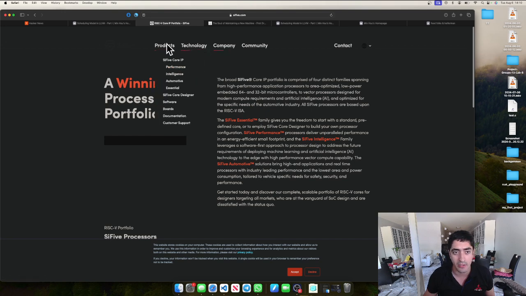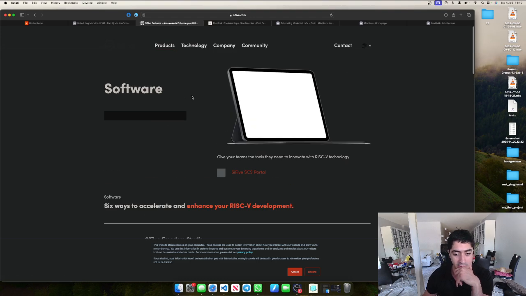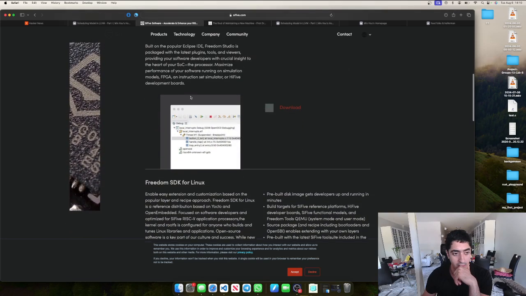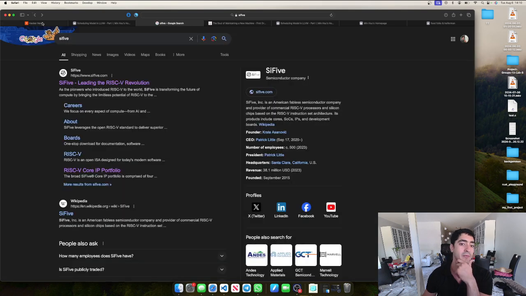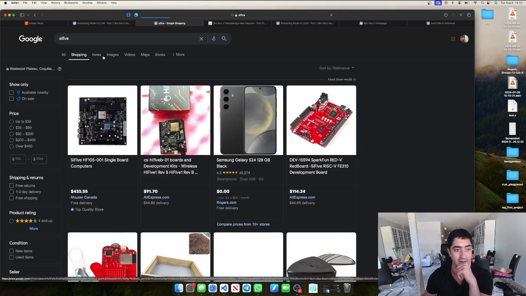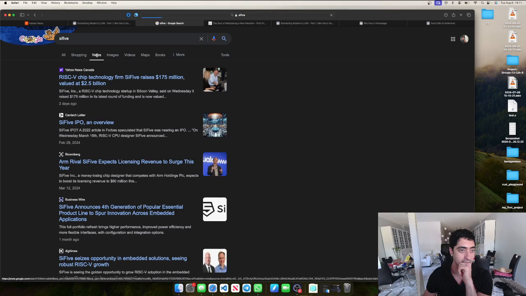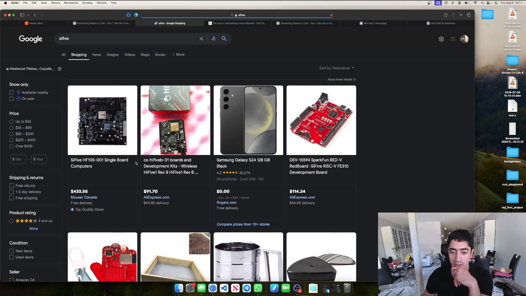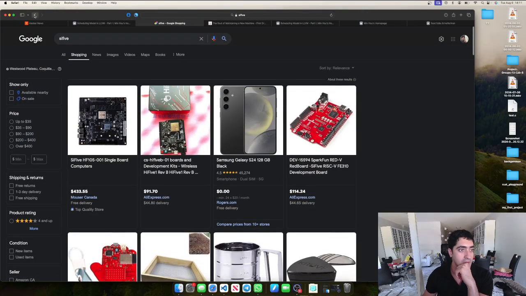Maybe they do have products, like maybe they do make their own chips, but I feel like they are more on the design part. I believe so, right? I feel kind of stupid for not knowing what SiFive does because I think I've seen their chips. I'm pretty sure I've seen their chips. Yes, SiFive. Okay. Valued at 2.5 billion. Okay. That's good enough for now.